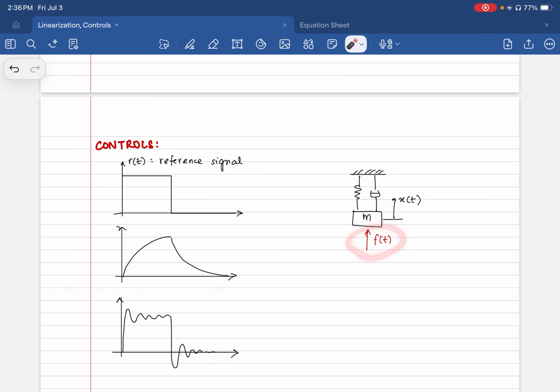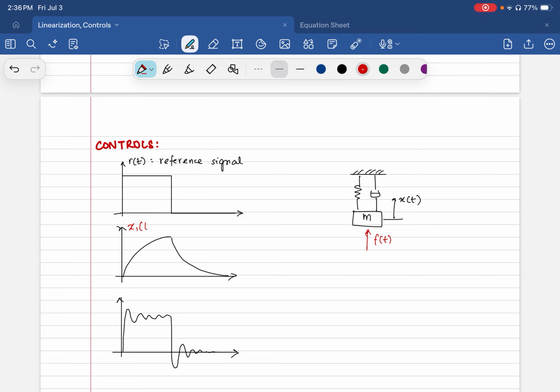If this force f of t is the same as this reference signal, then you would get a system response. So this is x1 of t, which is the case where this system is critically damped or overdamped. This here is x2 of t.